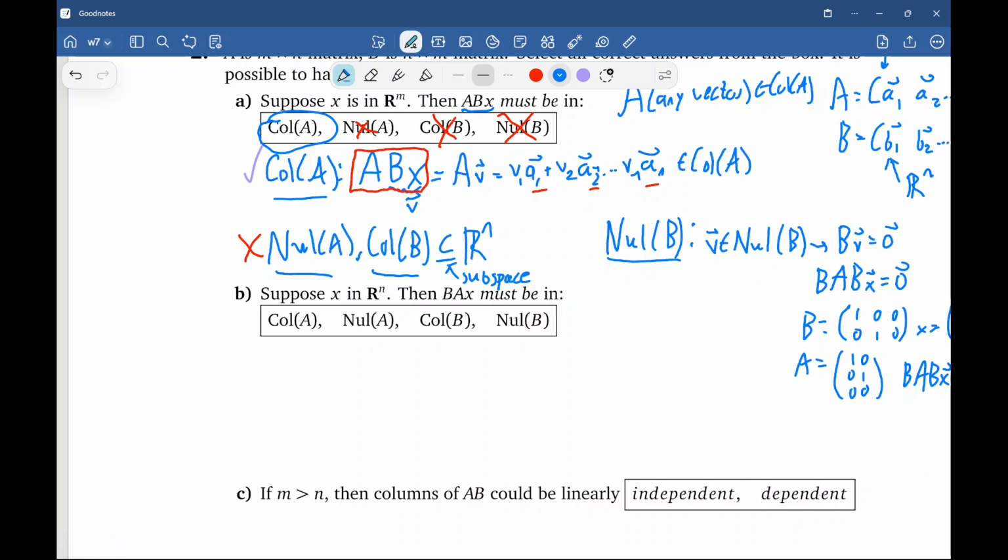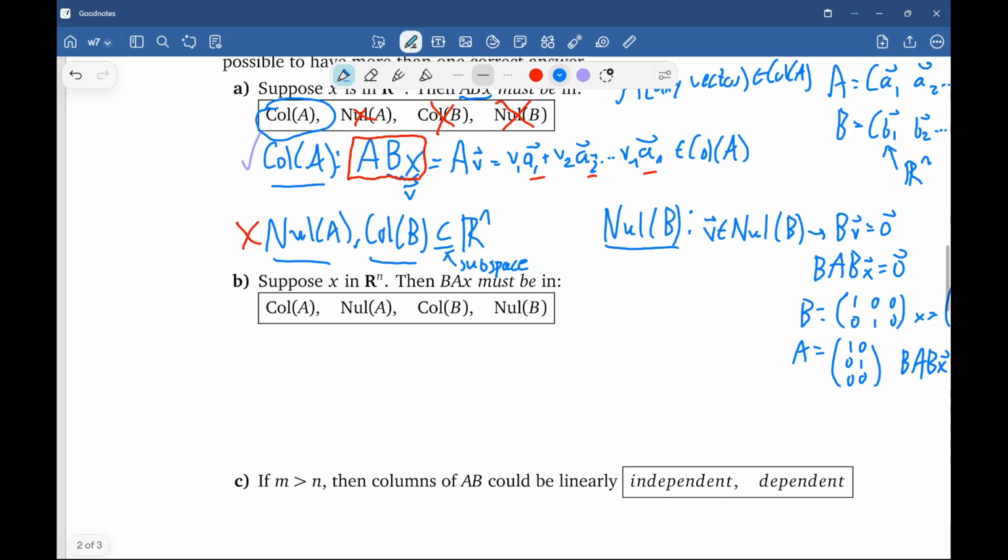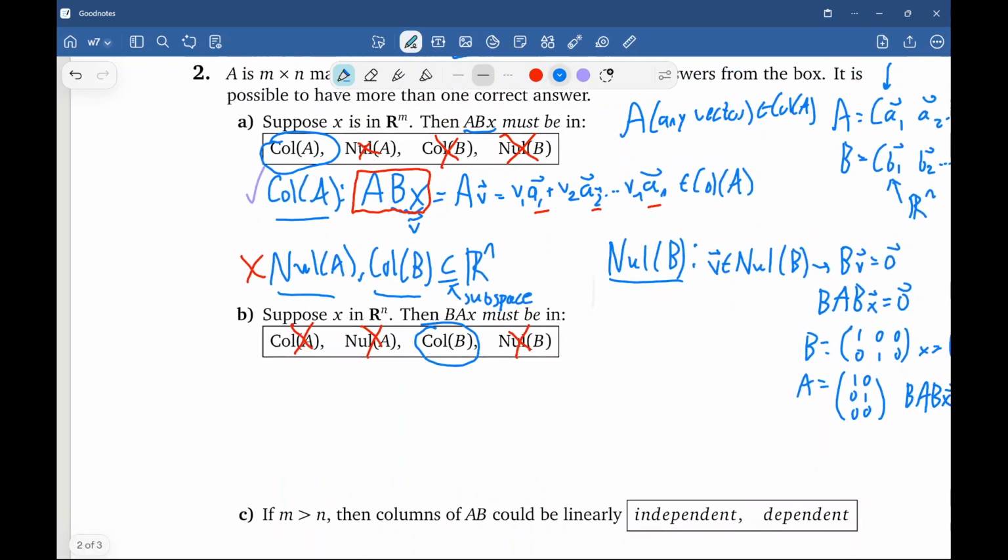I am going to gloss over this next one because it's the exact same justification as before. We've just swapped the order. The column vector argument is still going to work, so that's why this one works.